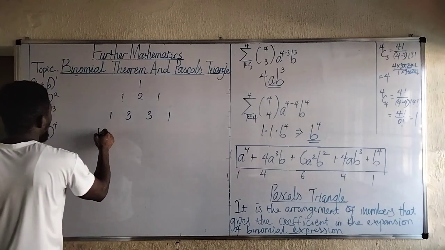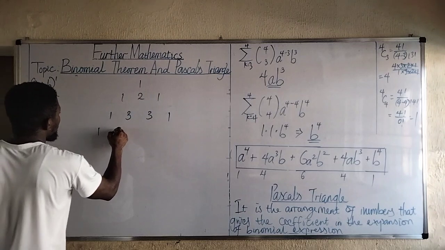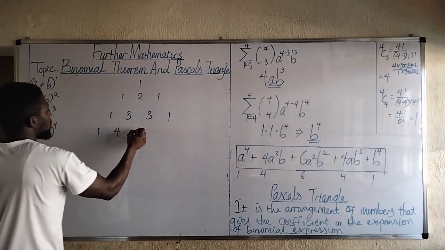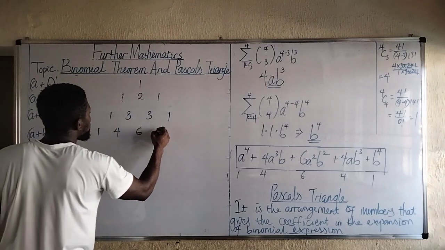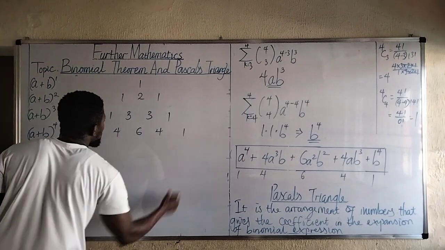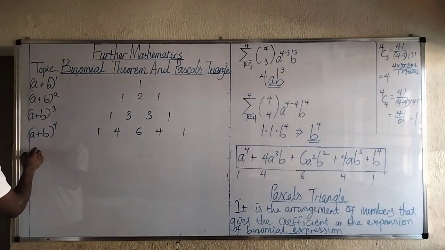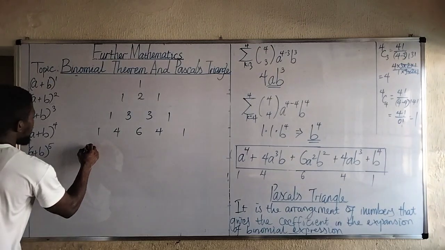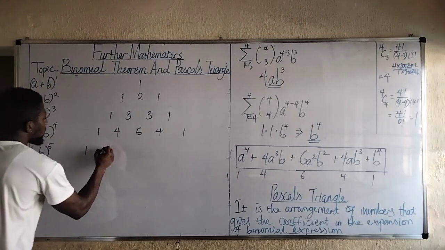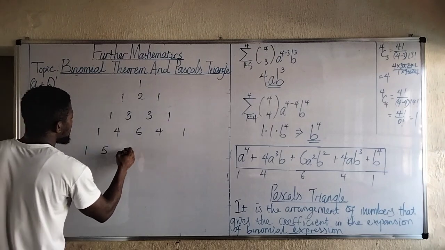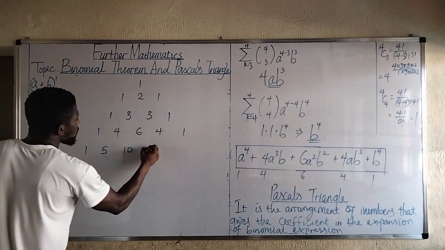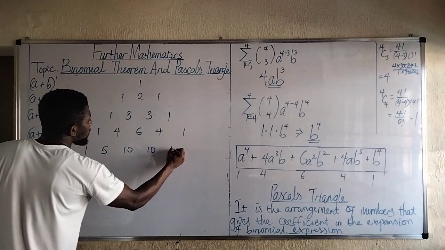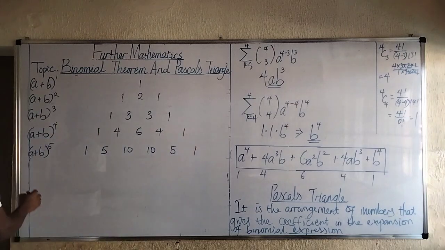We have 1 plus 3 will give us 4, 3 plus 3 will give us 6, 3 plus 1 gives us 4, and with 1. Next will be (a + b) to the fifth power. This will give me 1 plus 4 is 5, 4 plus 6 is 10, 6 plus 4 is 10, 4 plus 1 is 5, and with 1.